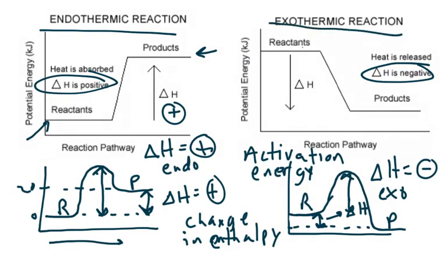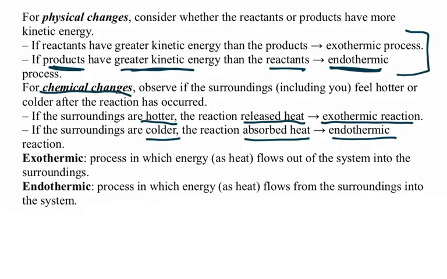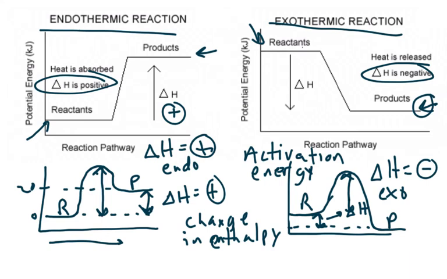Notice that the products are lower than the reactants, so we'll go back and verify that. In an exothermic, notice that the reactants have a greater kinetic energy than the products. In other words, the product is lower, and you can see that over here. So that's what I was trying to tell you earlier using these two graphs.